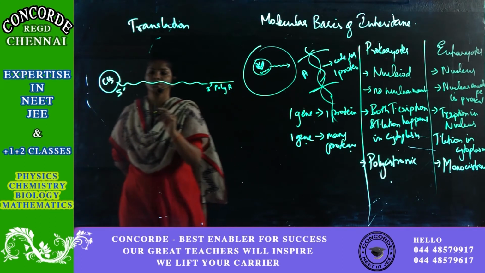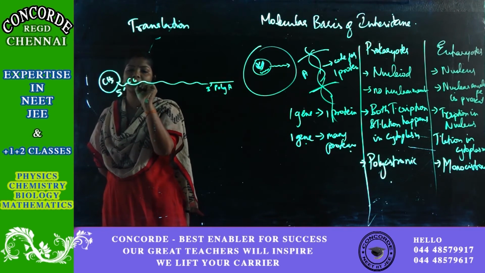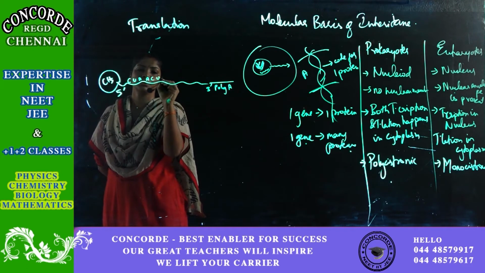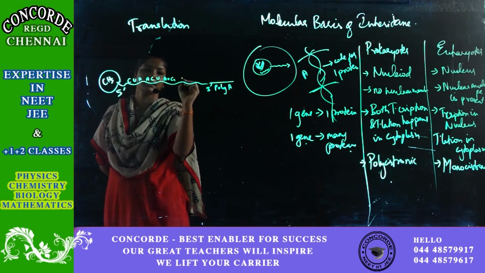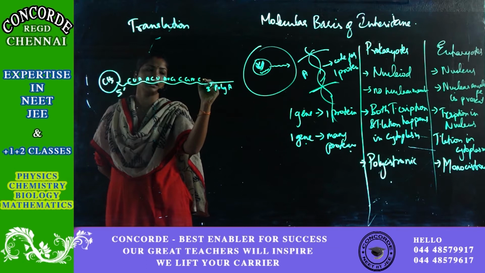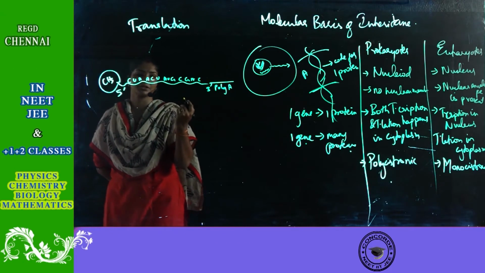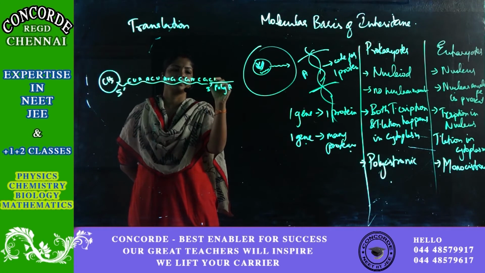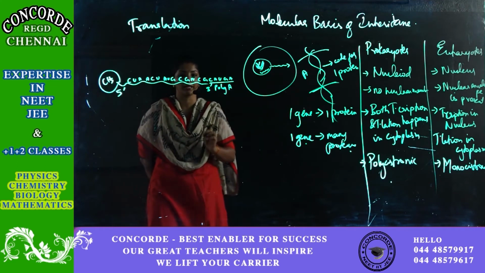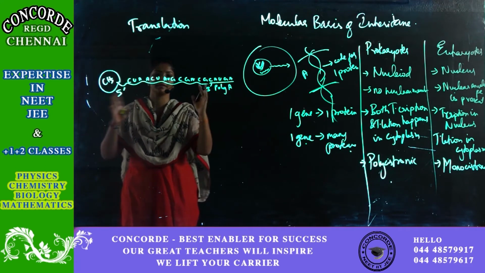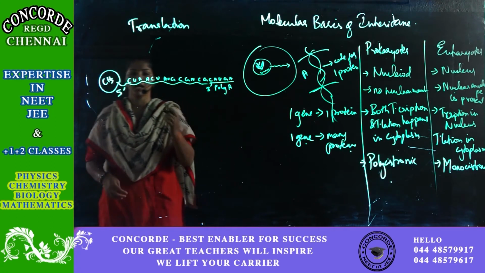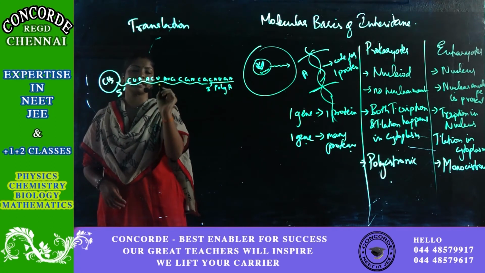Now, to write the code, for example, CUA, CU, AUG, CGA. These are all your nitrogenous bases. This is how my mRNA is after the splicing. Now I have to read the codes in three letters.